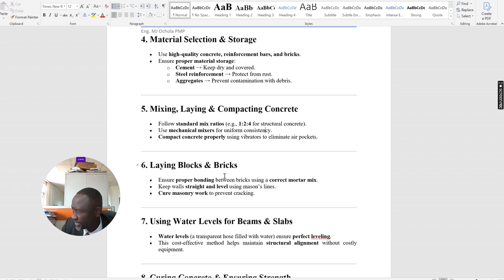If you look at some building technology books, I think there's Construction Technology by Sile. I think it has different concrete blocks relating to the mortar to be used.